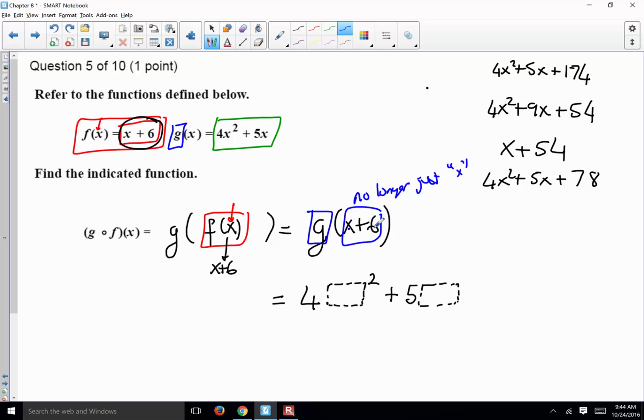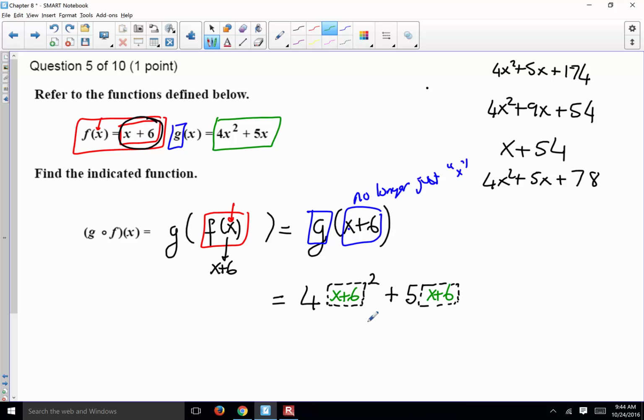It's not just x, it's something else. I empty all the spots in g with x's. And guess what I'm going to fill them up with? Whatever I see here will go replace there.